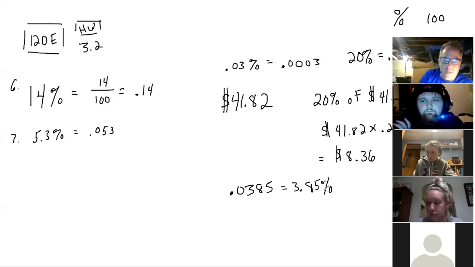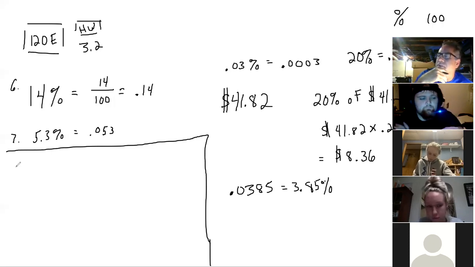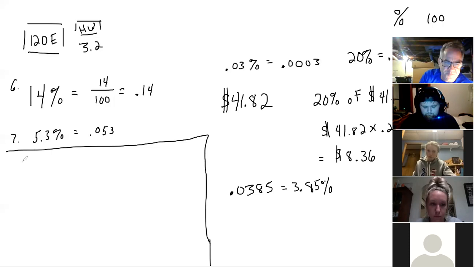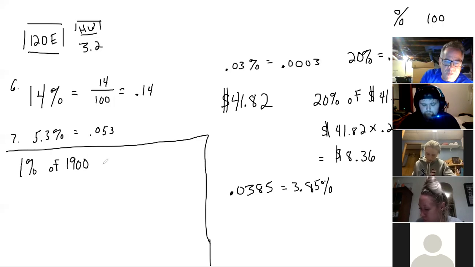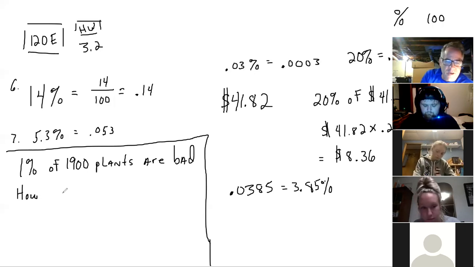All right, I'm going to give you guys a problem. See if you can work it out. Looking at number 12 of this homework. A naturalist said 1% of 1,900 plants in the park are poisonous. How many plants are poisonous? So if you have 1% of 1,900 plants, I'm just going to say are bad. How many are bad?